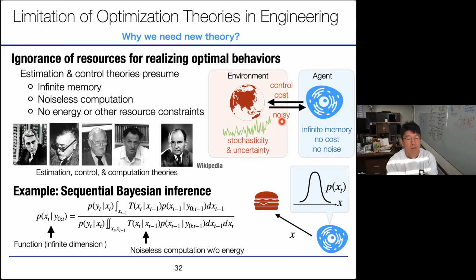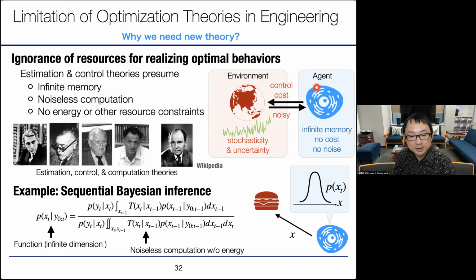But we totally ignore the cost at the agent side, or in other words, on the side of the controller. In control theory, we want to design a controller to control the target system.